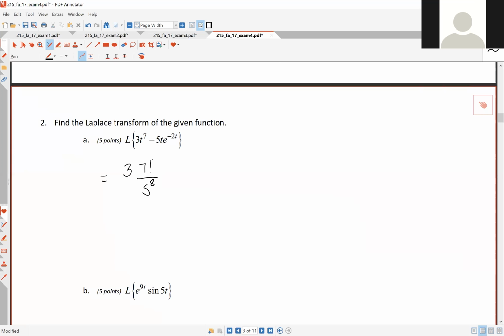Laplace transform of t is 1 over s squared, but the Laplace transform of e to the negative 2t times t translates it by a negative 2, or a plus 2, so s plus 2 squared. So this is 5 over s plus 2 squared.